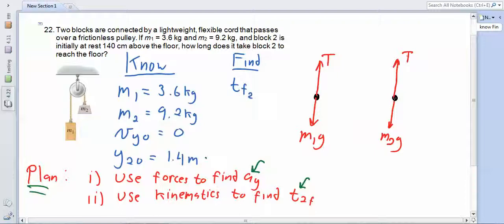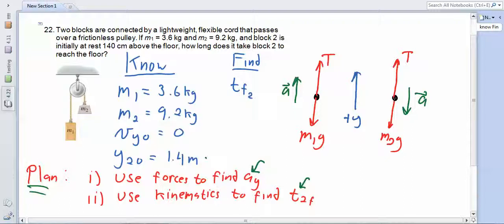All right, and so I want to go ahead and define a coordinate system for the forces part of the problem. So let's let the positive y direction be up. And then to finish this force diagram, I need to draw the direction of the acceleration of the objects. So mass number 1 is the lighter one, and so it's going to be pulled upwards. So it has an acceleration that is in the upwards direction, and since these objects move as a unit, the acceleration of the one on the right is going to be down.